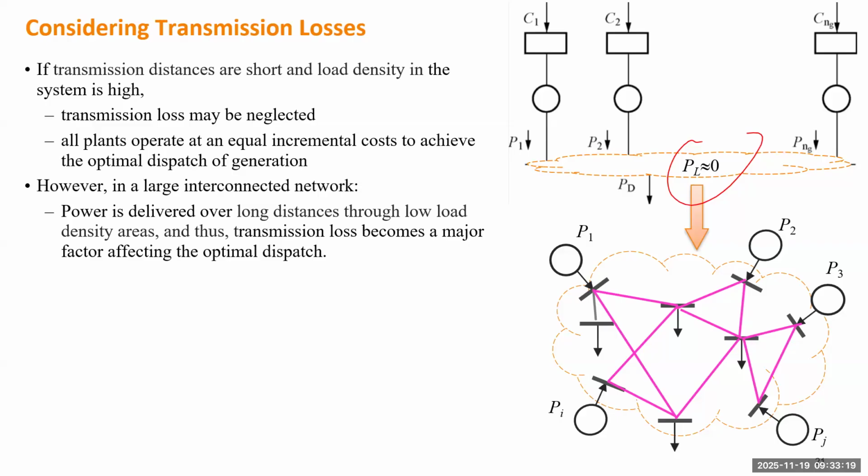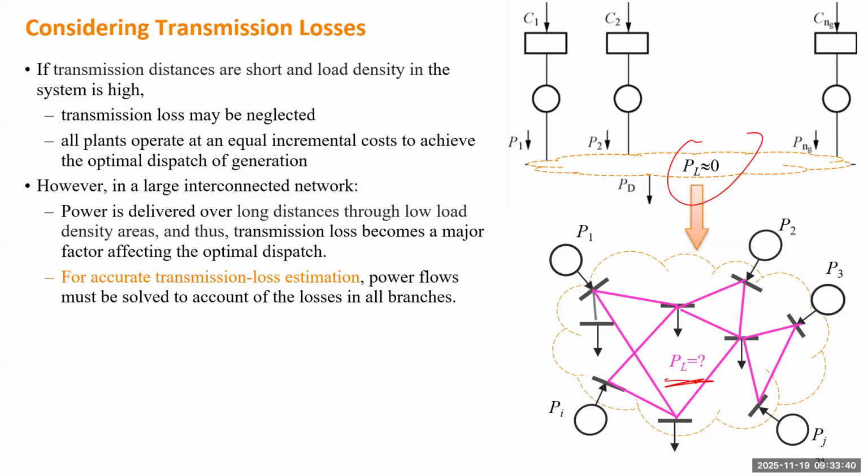So we have to calculate the transmission loss of each branch, or at least some of the major branches. Otherwise, the loss will affect the dispatch result. So we need to figure out what the transmission loss is, and then we add this loss to the formulation and study how to solve that problem.